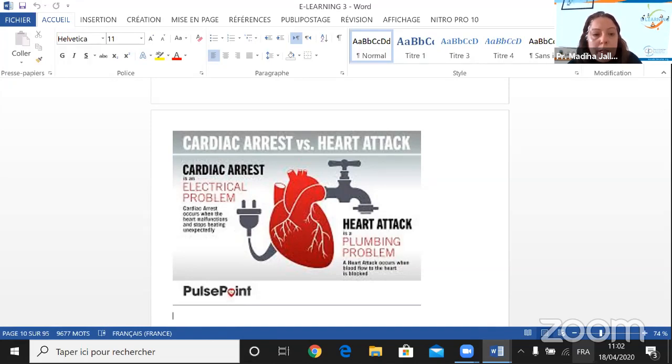So it is said it is an electrical problem, while the heart attack is a plumbing problem. Maybe nice words to make the difference. The heart attack is a plumbing problem. It's a problem with the flow of water, but the flow of blood to the heart. The flow of blood to the heart is obstructed, is impeded, is interrupted.